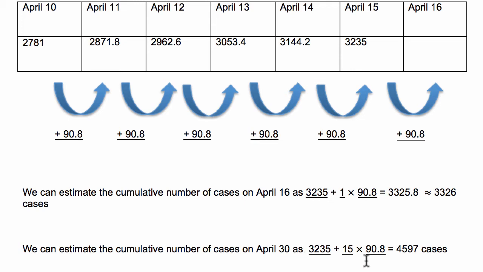And since we are assuming we are increasing the number of cases by 90.8 every day, we should add 15 times 90.8 to the number of cases we had on April 15th. We get 4,597 cases. So, if the number of new cases per day stays relatively the same, we will have around 4,597 SARS cases as of April 30th.